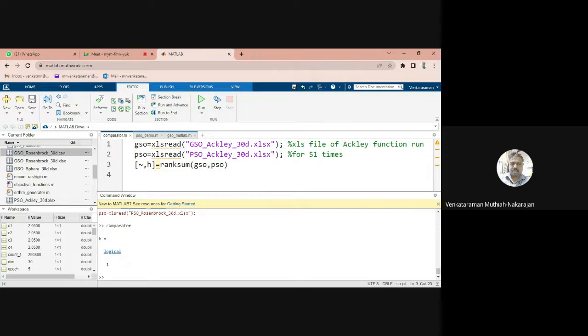If the value of H that we find out is 1, then the algorithms are separable, and the one which has the lowest median is the best compared to the other algorithm. If H turns out to be 0, then the algorithms are not separable. We have to conclude that the GSO and PSO algorithms have similar performance on Ackley function. Let us do that. I'm running the code.